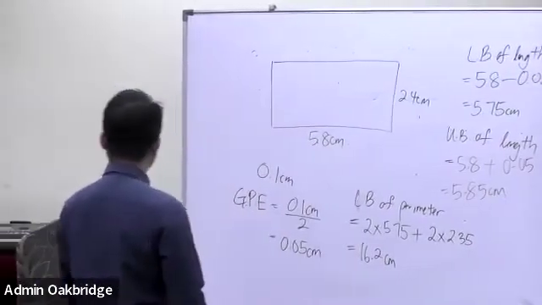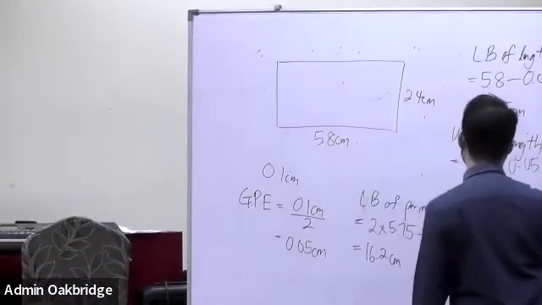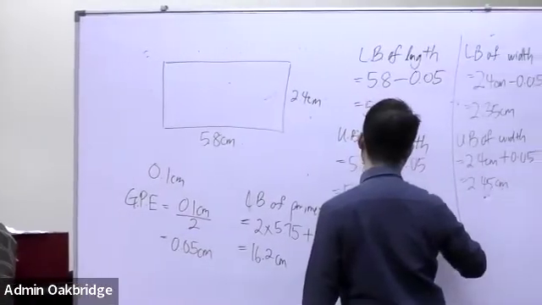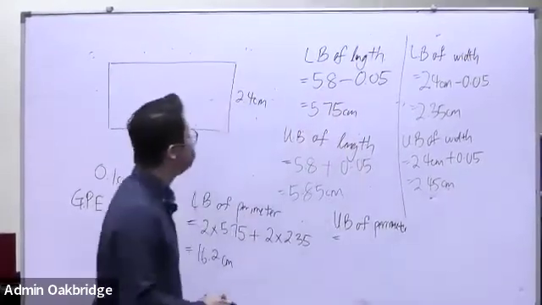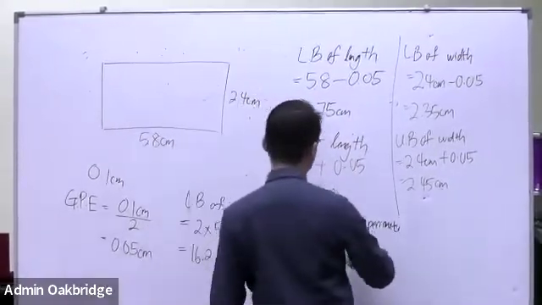Then the next one is the upper bound. For the upper bound, you take all the upper bound measurements, 5.85.